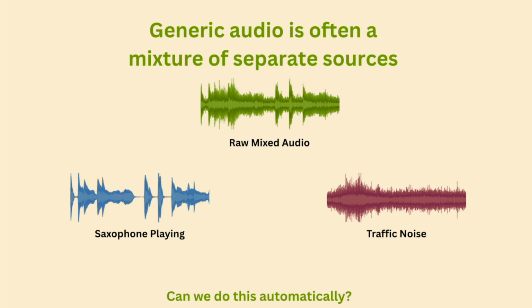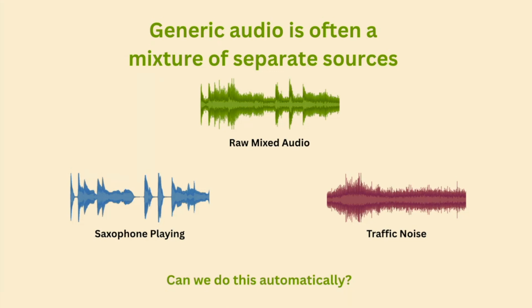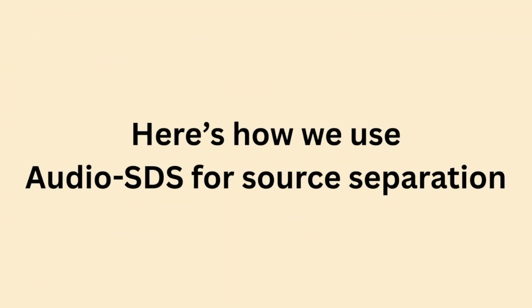And so we can do this naturally, but it would be tempting to ask, is there a way we can do this automatically? And I'm here to tell you that Audio-SDS can also do this.